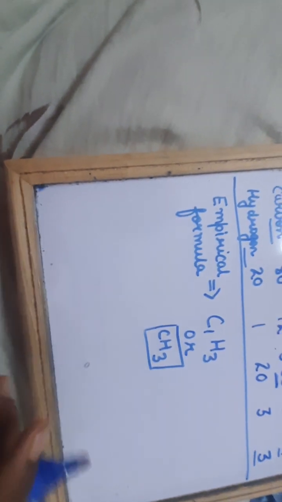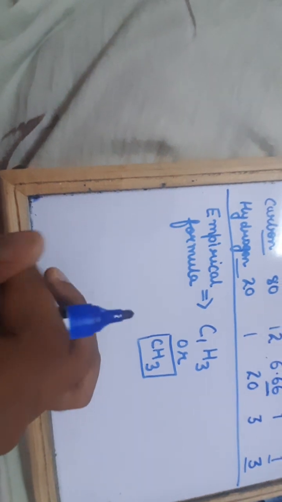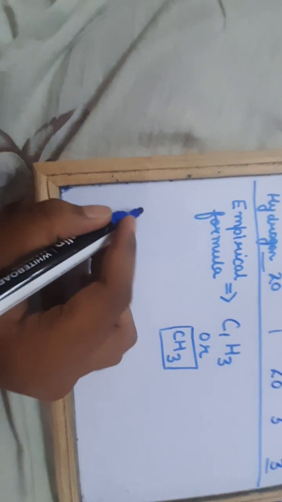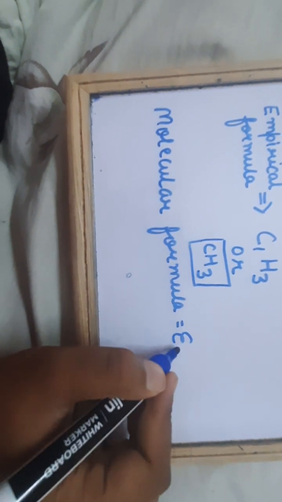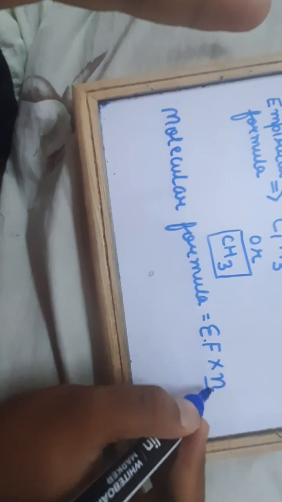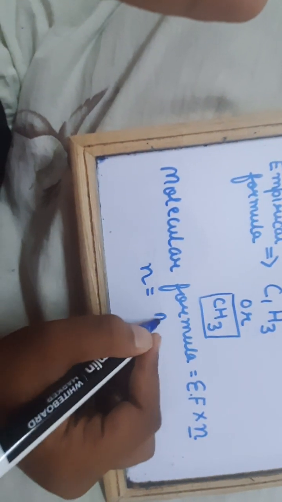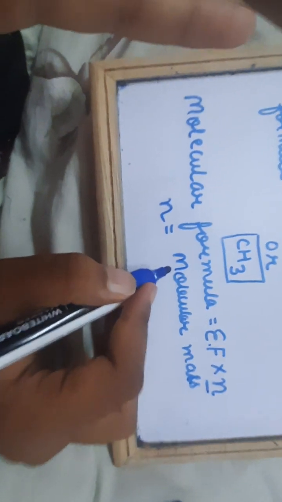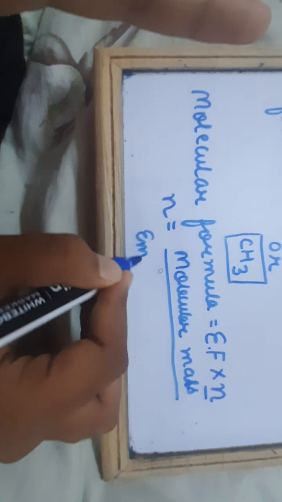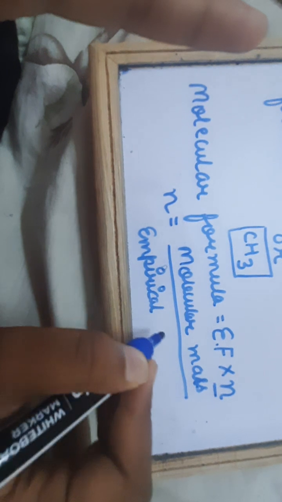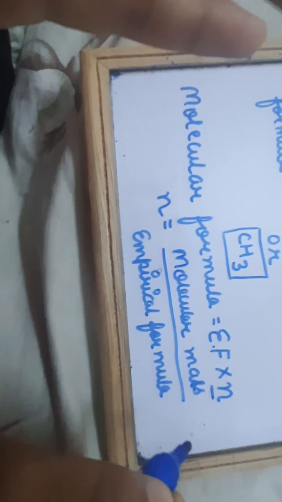We know that molecular formula equals empirical formula into n, and here n is the molecular mass upon empirical formula mass. n equals molecular mass upon empirical formula mass.